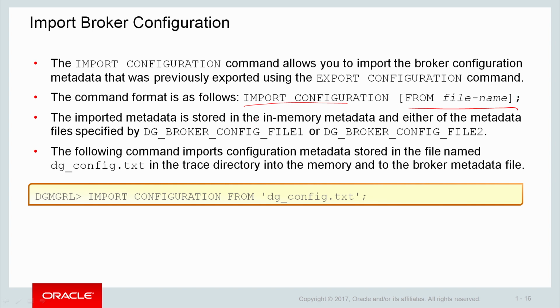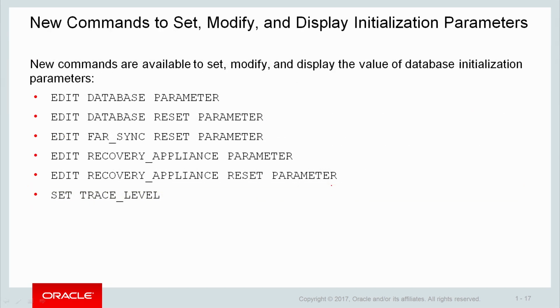The imported metadata is then stored in the in-memory metadata and either of the metadata files specified by the DG_BROKER_CONFIG_FILE1 or the DG_BROKER_CONFIG_FILE2 parameters. So here is an example of the full command: import configuration from dgconfig.txt.